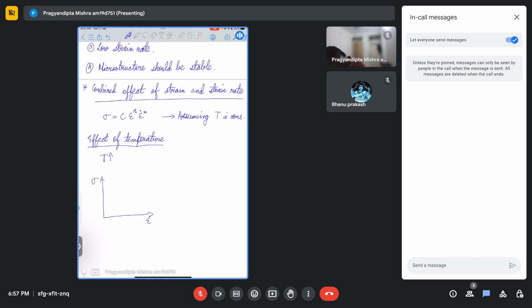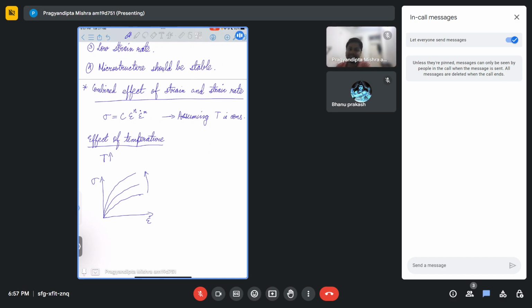If I draw multiple graphs like this, what does this direction represent? As the stress value keeps increasing, does it keep increasing with increase in temperature, or with decrease in temperature?